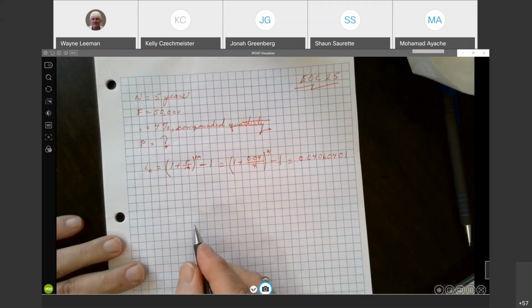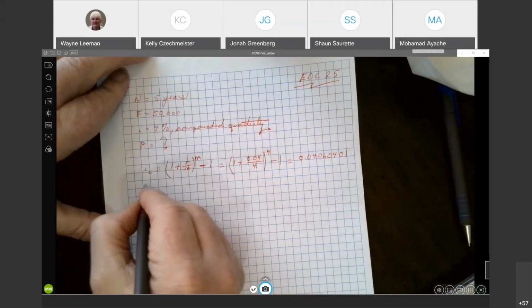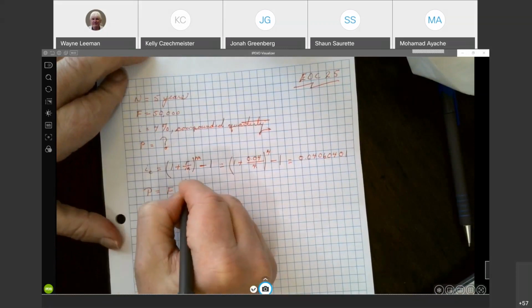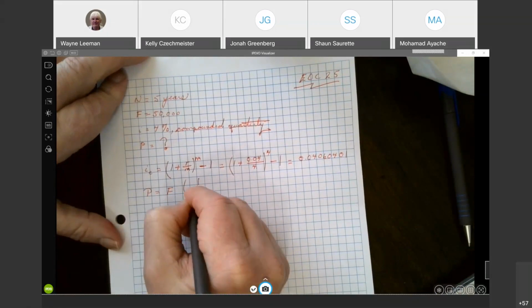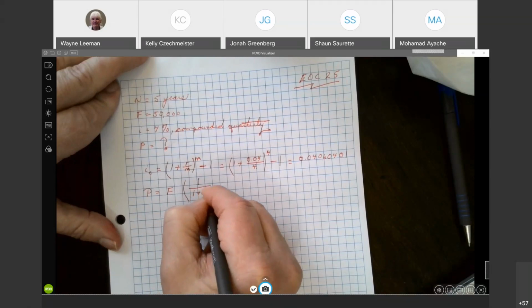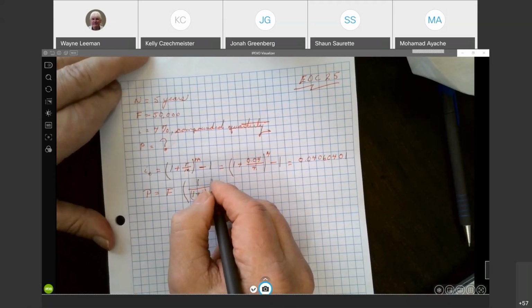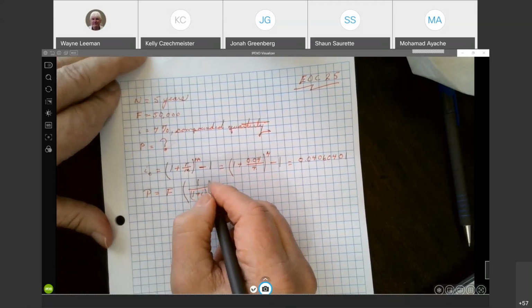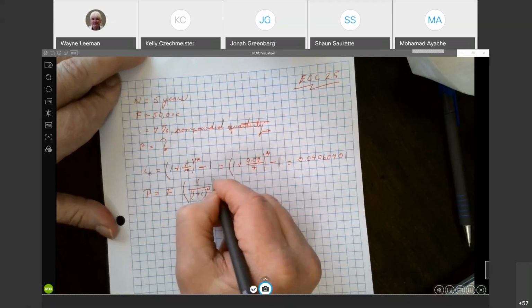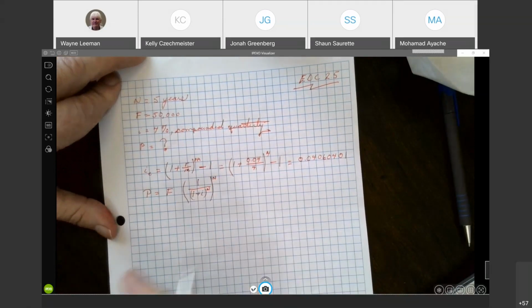Okay, so what do I have here? P now, which is what we're looking for, is equal to the future value times 1 over 1 plus i to the power of N, where N is the number of compounding periods.